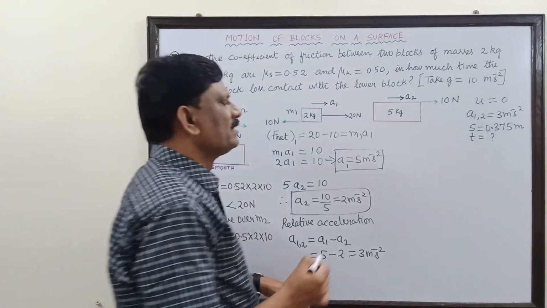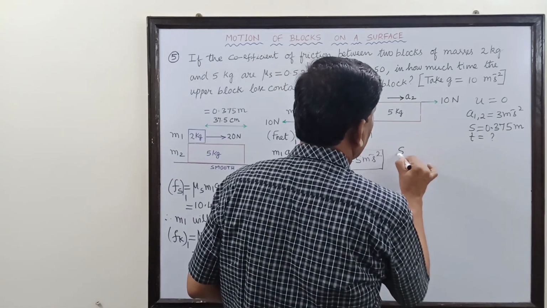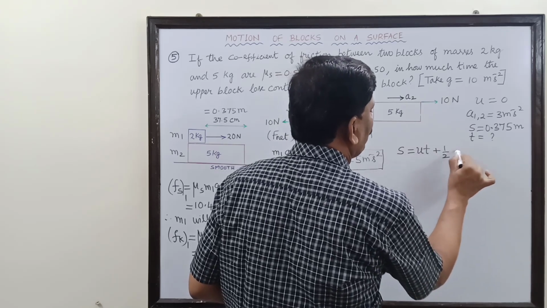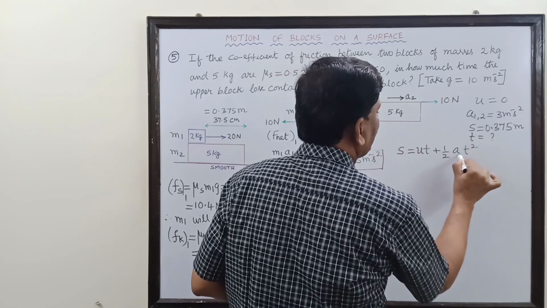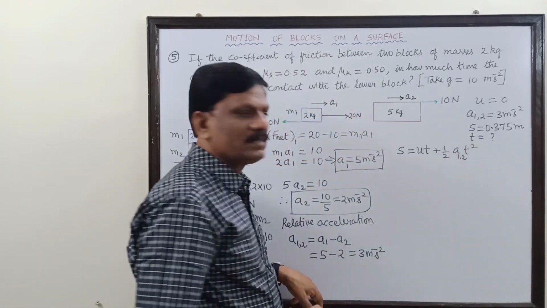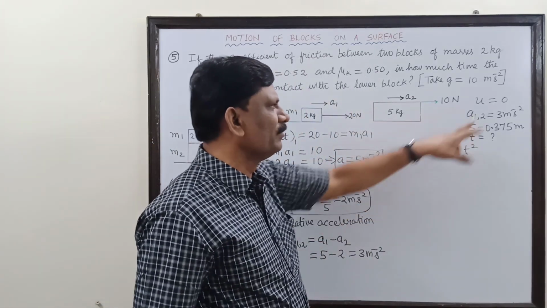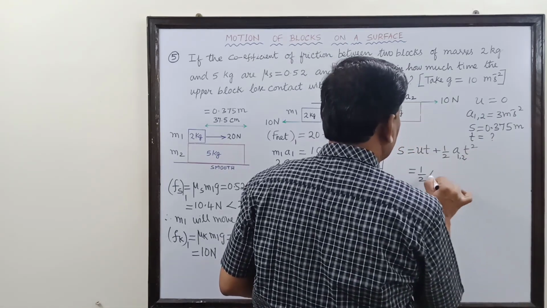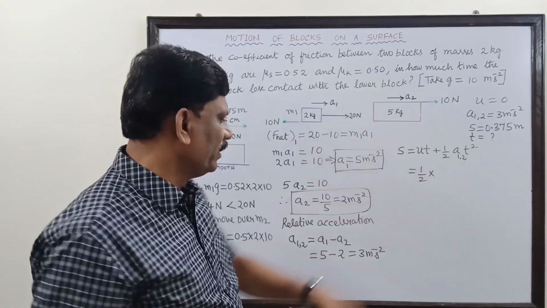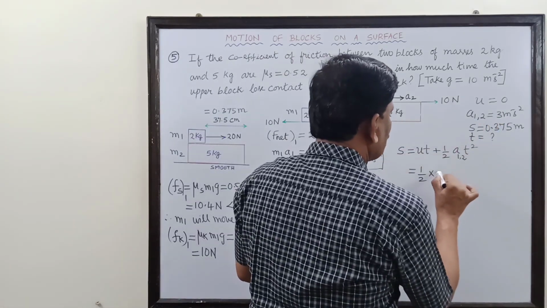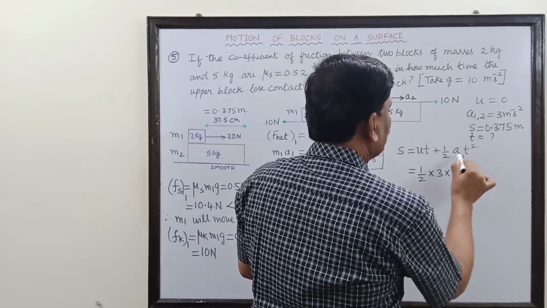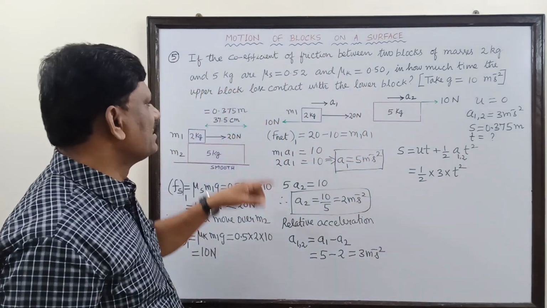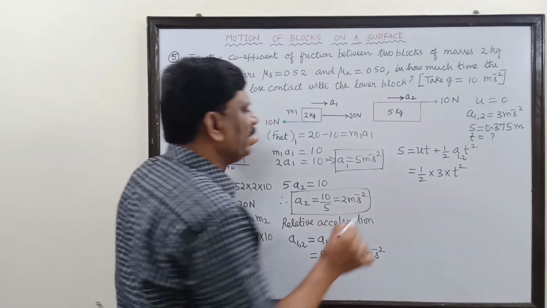For this, from the equations of motion, I can use the second equation of motion. S is equal to ut plus half into a t square. Here instead of a, I have to substitute a12. So u equal to 0. Therefore this will be equal to half into a12, and a12 is 3 meters per second square, into t square. And on the left hand side, instead of distance, we substitute 0.375 meter.